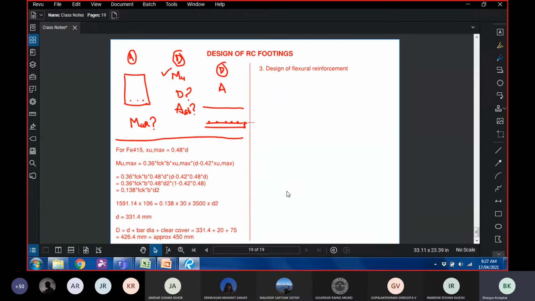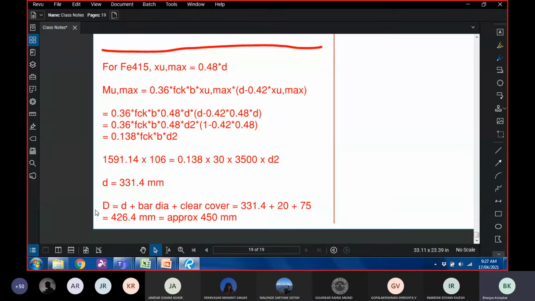Just to give you a sense of what I'm saying, if the depth that you get from flexure criteria is 450 mm, perhaps you might get a depth of around 600, 650 mm from shear criteria. And that is the depth that we actually provide. But here, since we're not looking into shear, we are not really bothered about what is the depth that we get from shear. But that, in most of the cases, is definitely more than 450 mm.